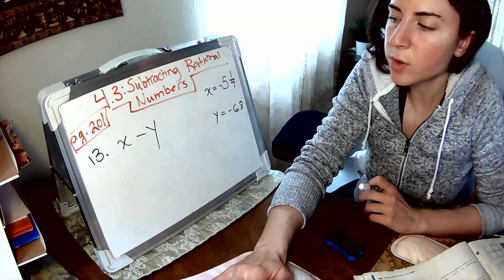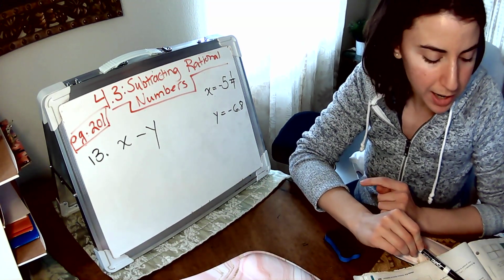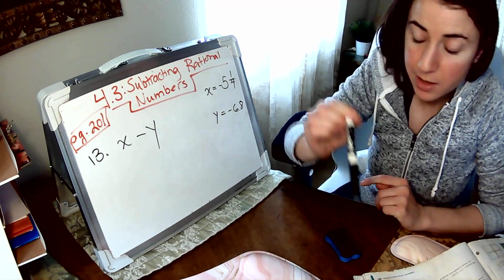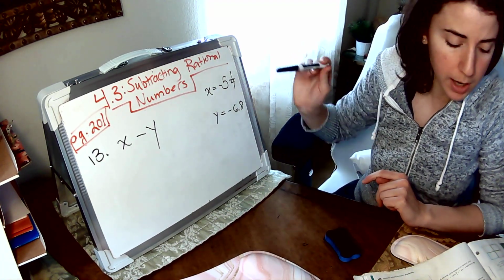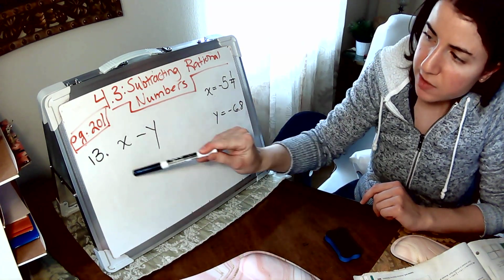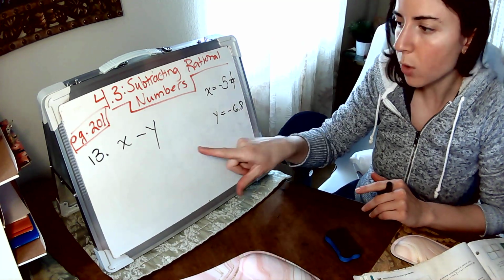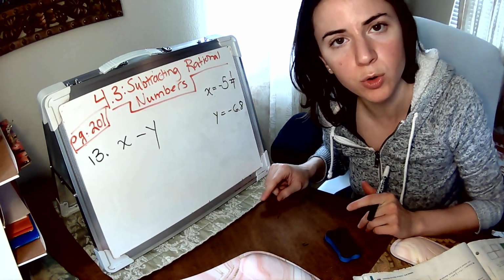Alright, so let's do number 13. Number 13 says, evaluate x minus y if x is negative 5 1/4, okay, and y is negative 6.8. So this is basically to say that x represents negative 5 1/4 and y represents negative 6.8.